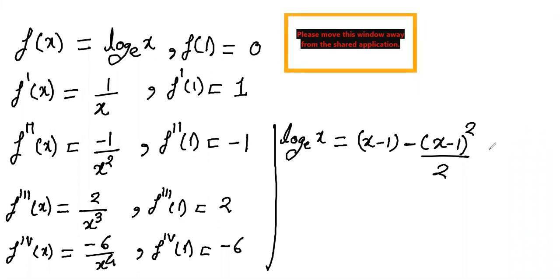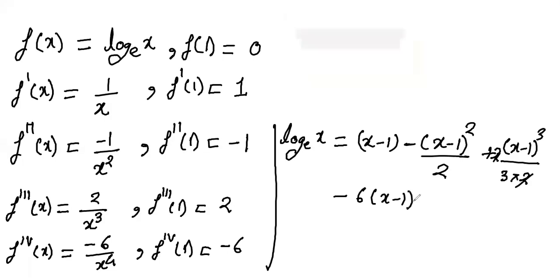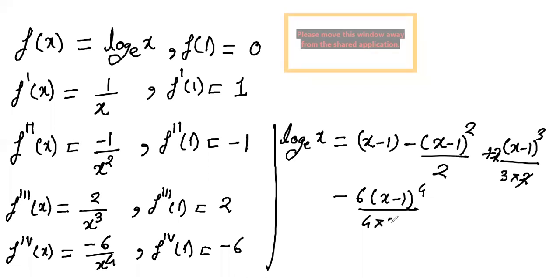Plus x minus 1 cube, here 2, then 3 factorial is 3 into 2, so 2 will cancel. Then minus 6 x minus 1 to the power 4 on 4 factorial, 4 into 3 into 2 into 1.